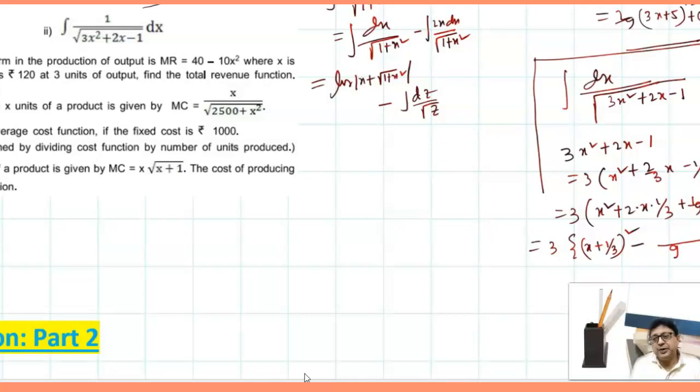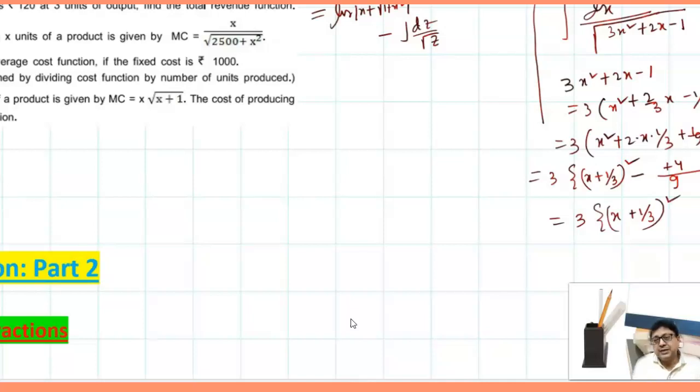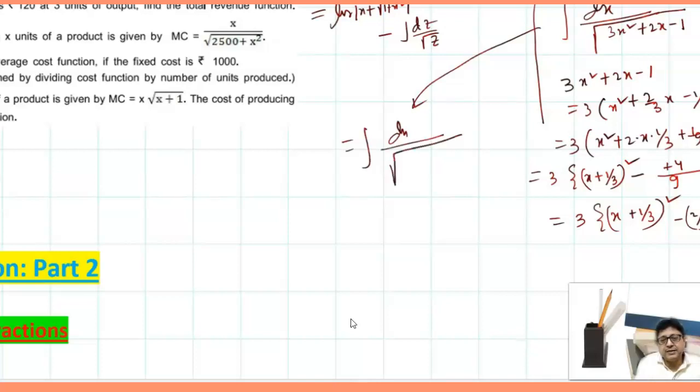So this is going to be minus 1 plus 3 minus 4. See, I have converted this one, I mean plus 4 here because minus sign taken here. So this is 3 into x plus 1 by 3 whole square, this minus 2 by 3 whole square.